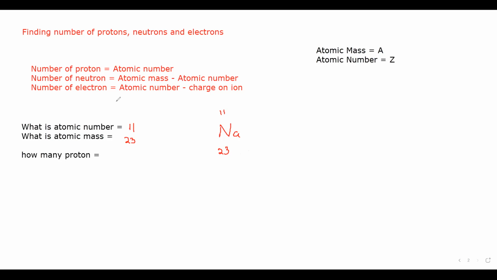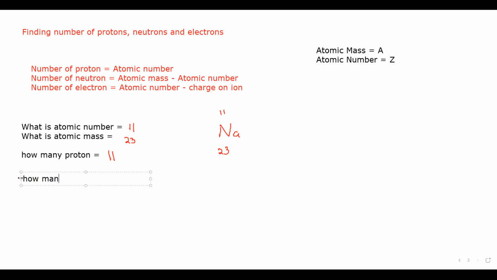So how many protons are there? To get the number of protons, it is the same as the atomic number. Atomic number is 11, so the number of protons will be 11, because atomic number represents the total number of protons.